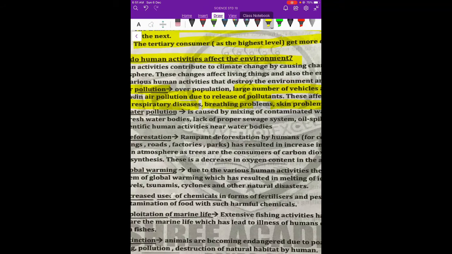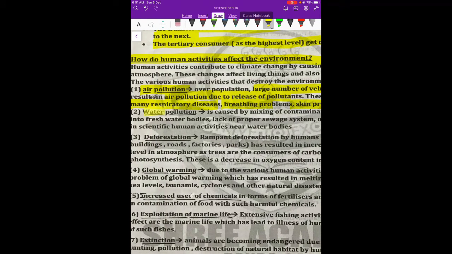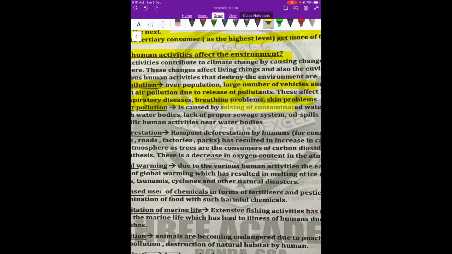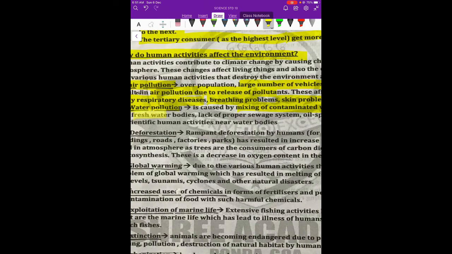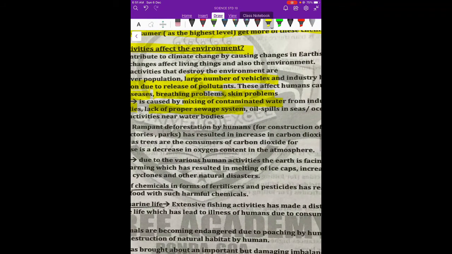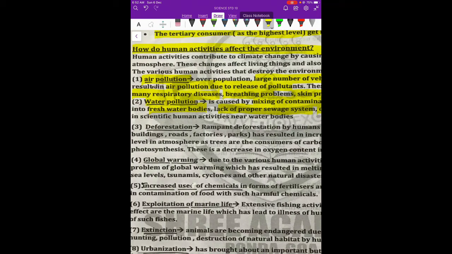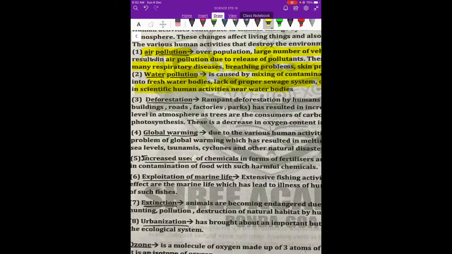This is affecting the humans only. Next comes water pollution. This is caused by mixing of contaminated water into fresh water bodies. Then lack of proper sewage system. This is because of defecation, which is a big problem all over the world. Then oil spills, huge tankers, they spill oil because of some freak accidents. All these things ultimately end up polluting the water bodies.